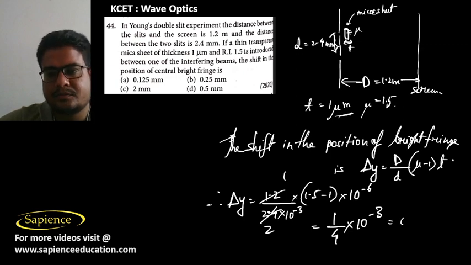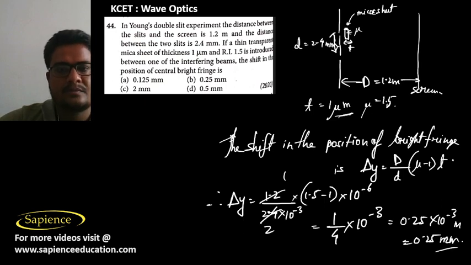So this will be 0.25 into 10 power minus 3 meter, which is 0.25 millimeter. So option B is the correct answer.